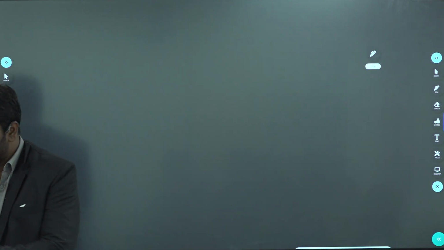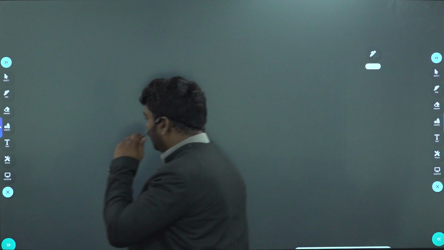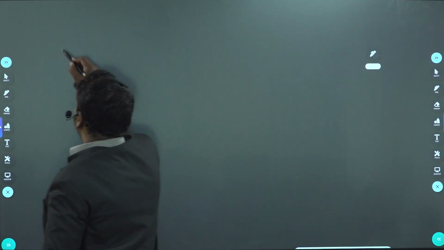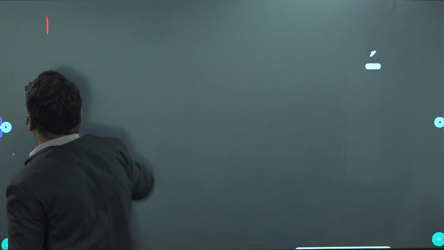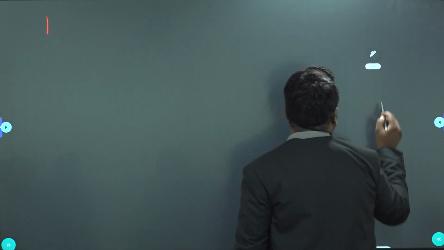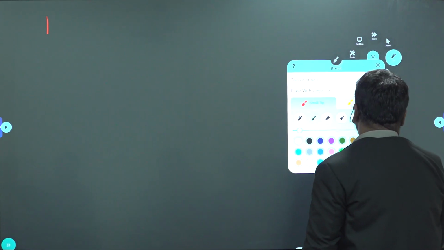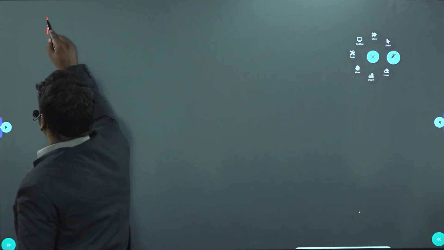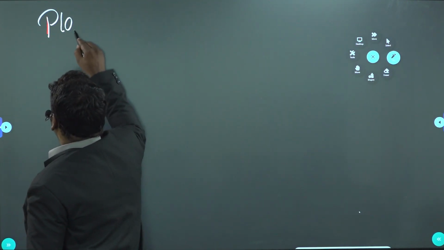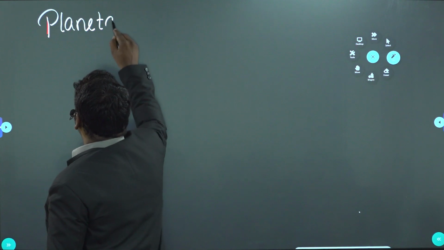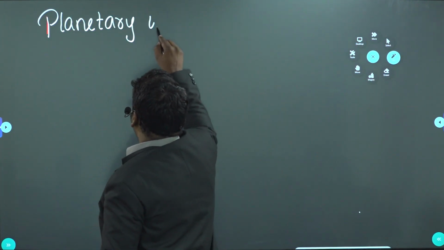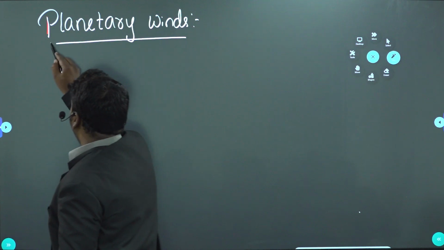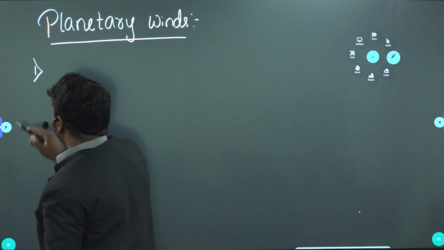Yesterday we saw with respect to local winds, right? So when we say planetary winds, before discussing this, we should talk about the forces responsible.